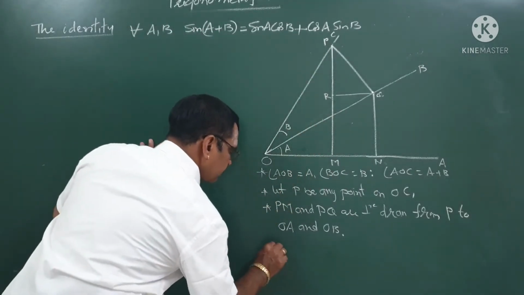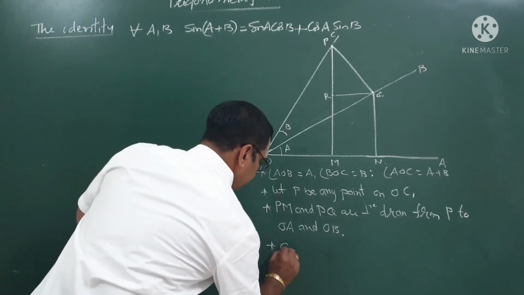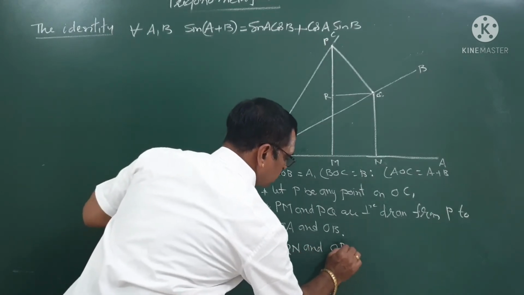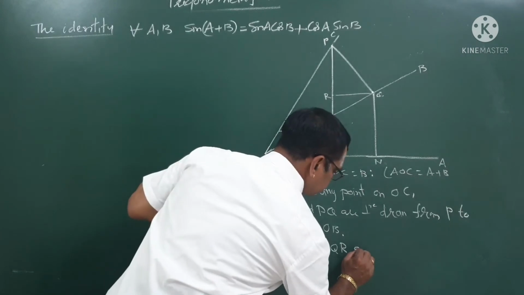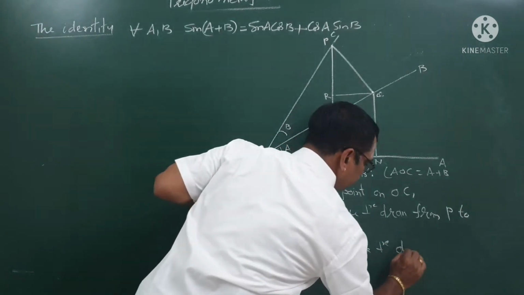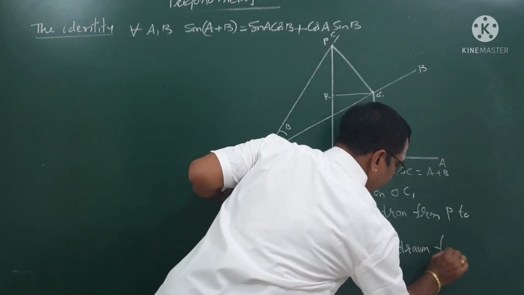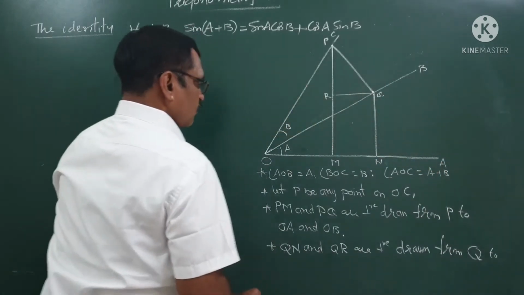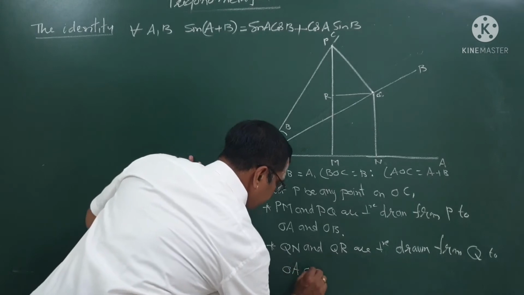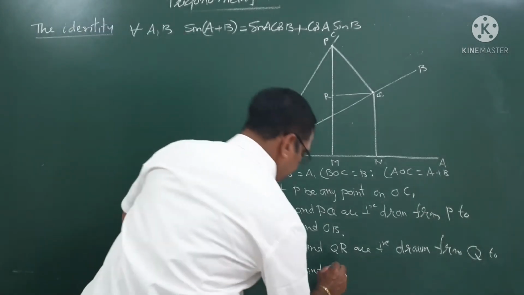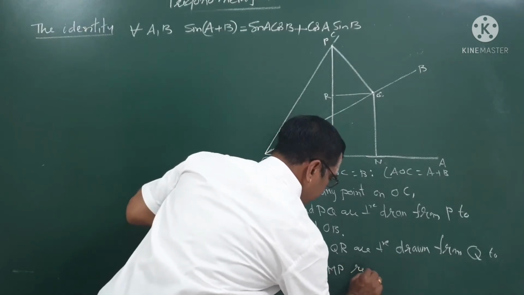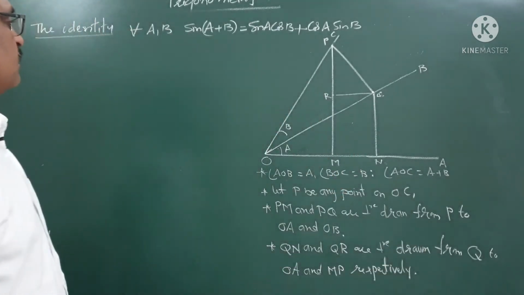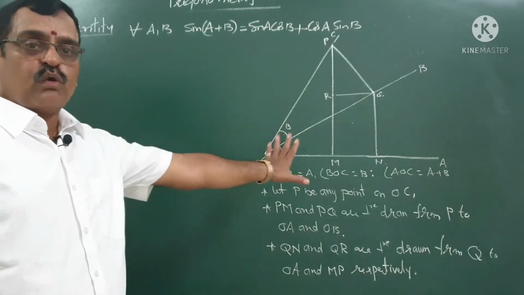Second point is QN and QR are perpendiculars drawn from Q to OA and PM respectively. So, the construction part is over.